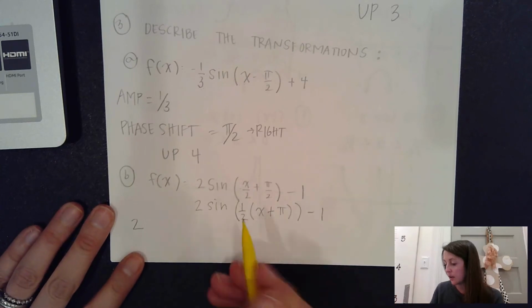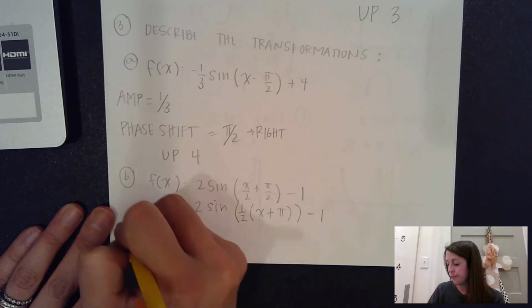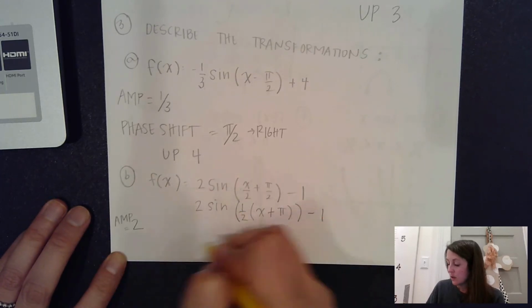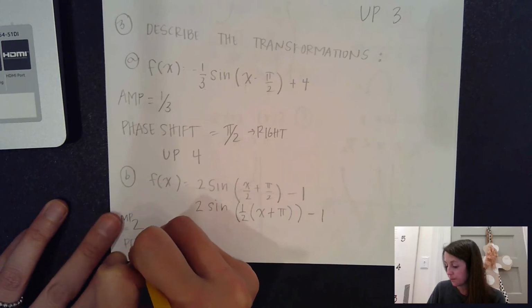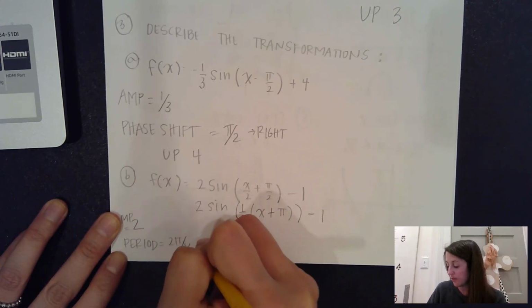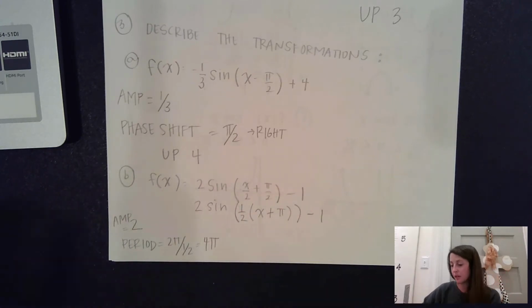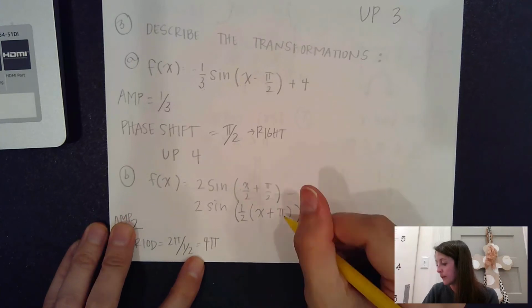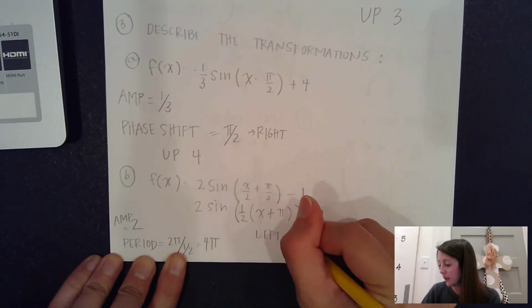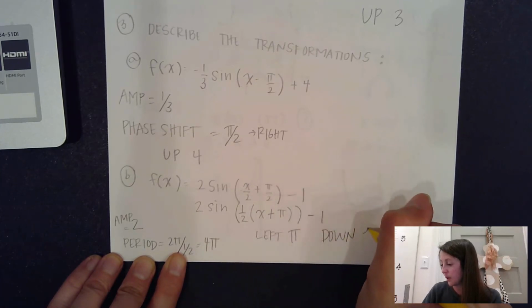The period is going to be 2 pi divided by 1/2, so that's going to be 4 pi, so it's going to expand that period of the graph. It's going to move to the left pi, and it's going to move down 1.